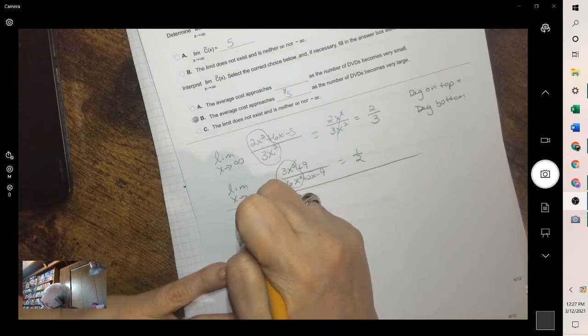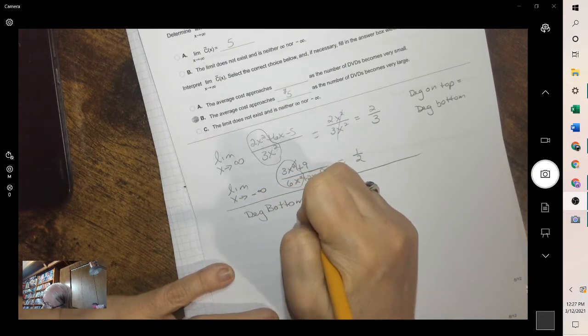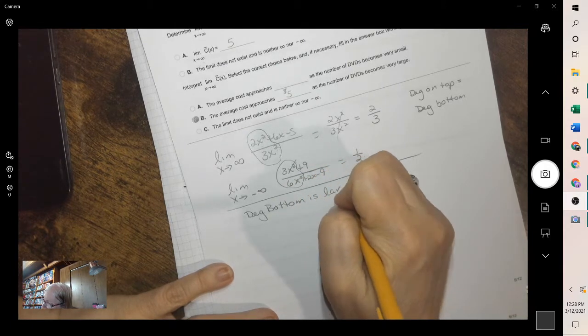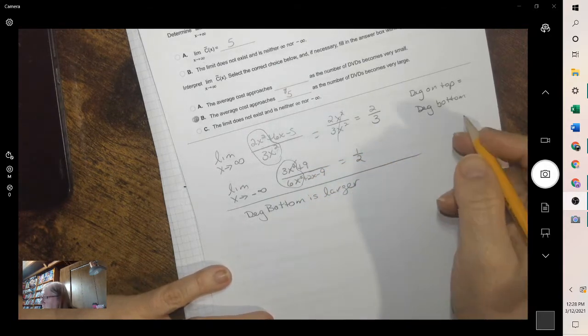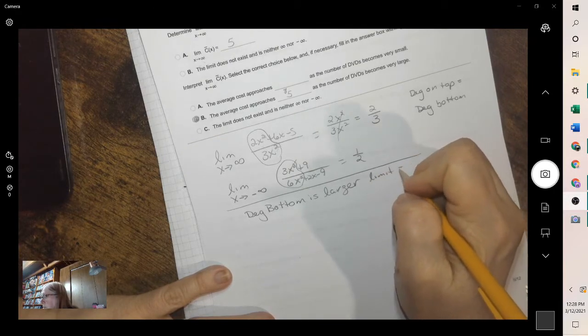Another one is the degree on the bottom is larger. If the degree on the bottom is larger, the limit is 0.